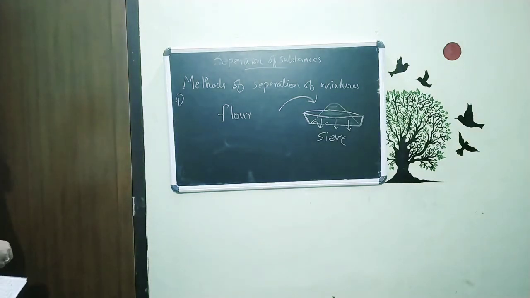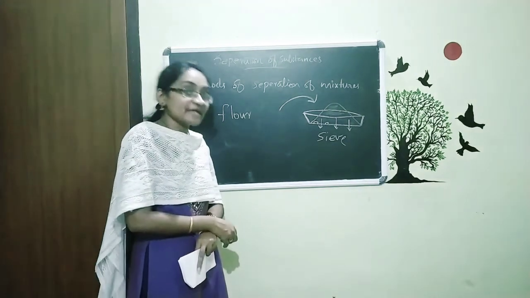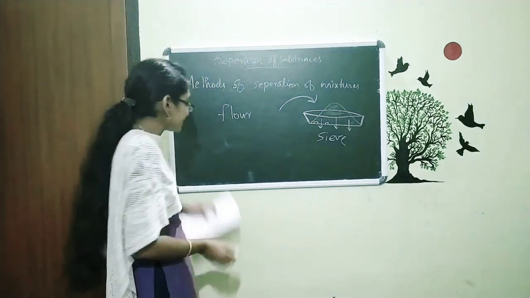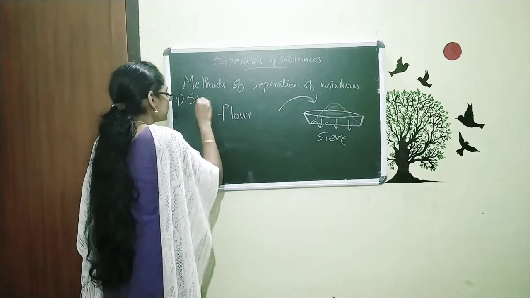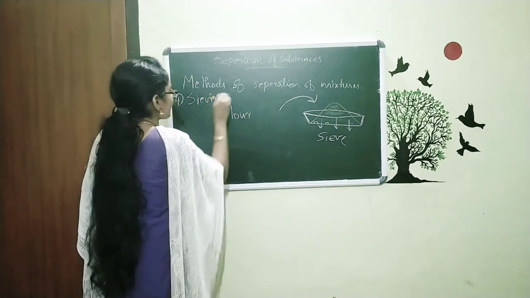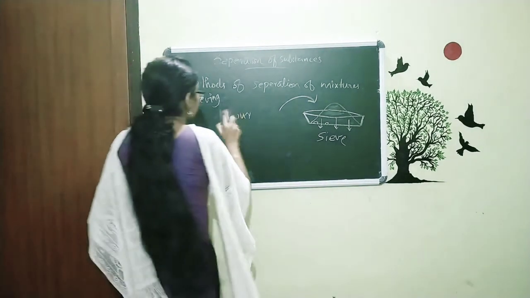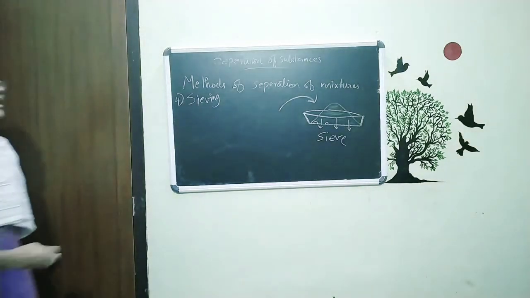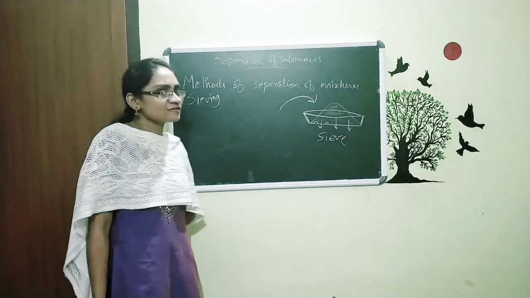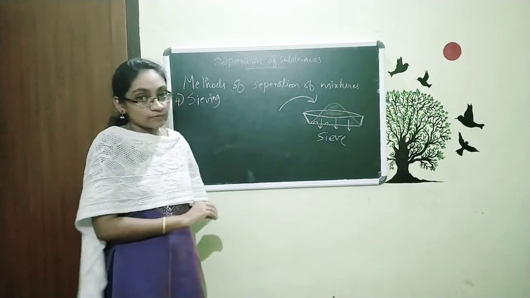Here we are also doing a certain type of separation, and that type of separation is called sieving. This is one of the examples, the separation of impurities or stones from the flour.